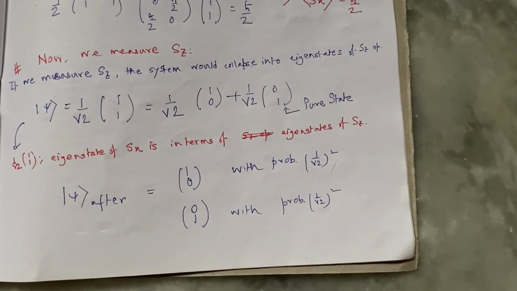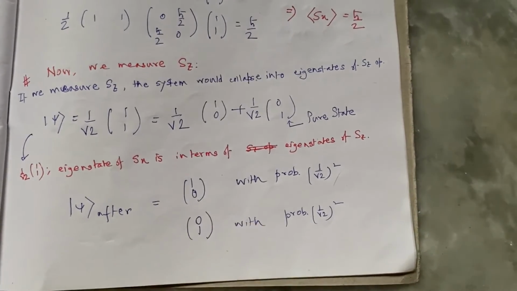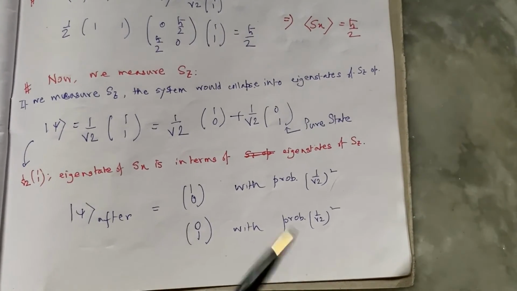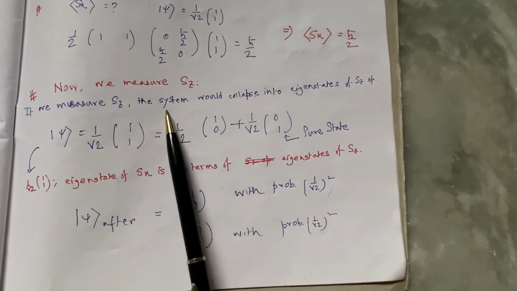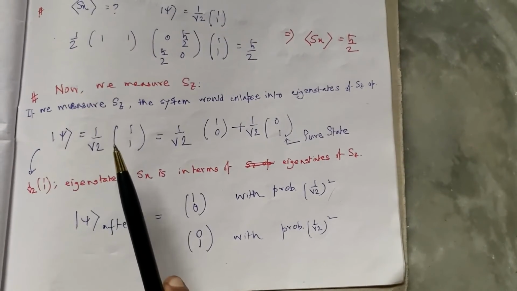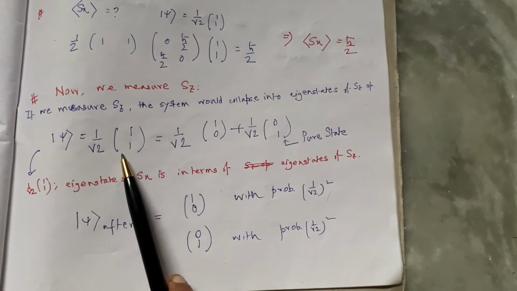Now we need to measure Sz. What happens if we try to measure Sz in this eigenstate, in this particular pure state?